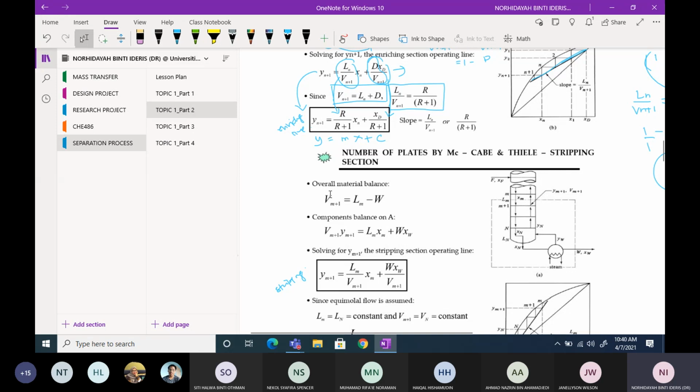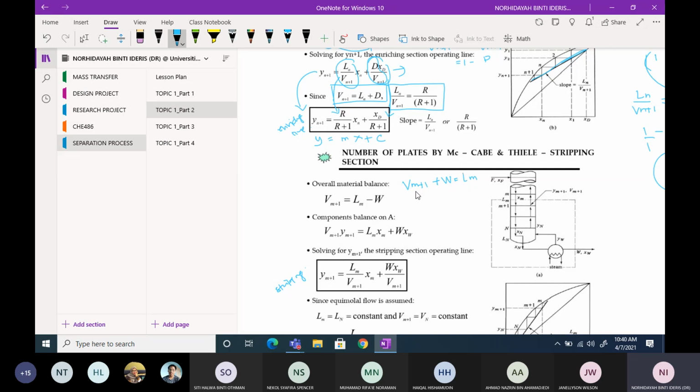You can see here, whatever goes out is equal to whatever goes into the system. So basically Vm+1 plus W is equal to Lm.